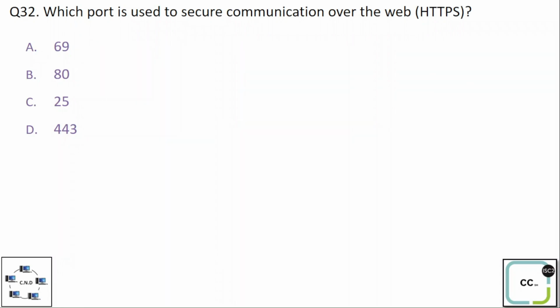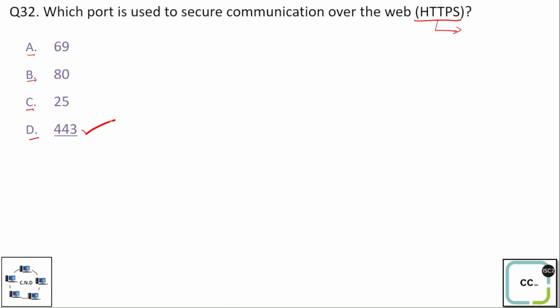Question number 32. Which port is used to secure communication over the web? That is HTTPS. So, which port is used by HTTPS? The options are option A 69, option B 80, option C 25, and option D 443. And the correct option is 443.